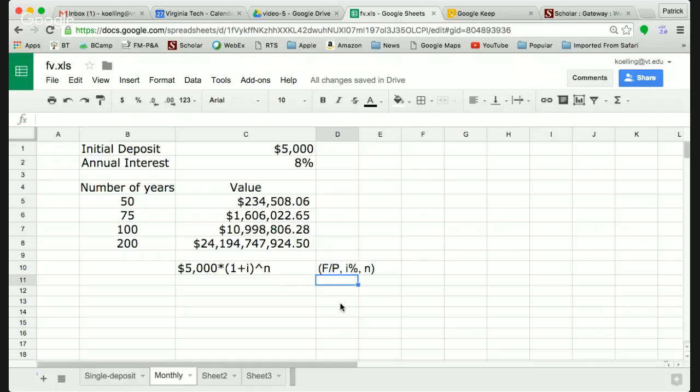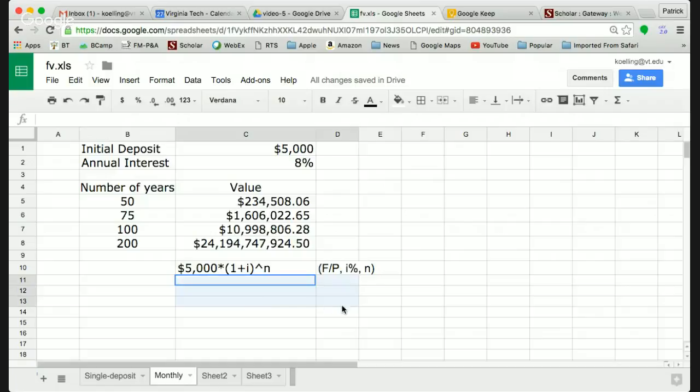We'll find a future amount given a present amount. So the present amount is the $5,000. And the future amount is what we would find, the result of our calculation. And we're given an interest rate of i% for n time periods. So that's what the notation looks like.